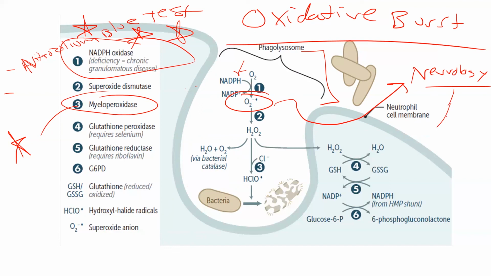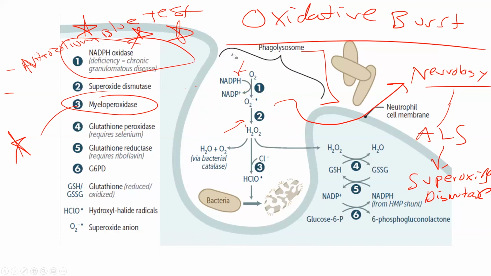Did you do neuro in term 2? Yeah. Okay. Did you learn about Lou Gehrig's disease or ALS? Yes. Okay. And how it has a superoxide dismutase? Yeah. There you are. That's your enzyme right there. So what are you left with? A bunch of free radicals, damaging stuff. Just a clinical tie-in there.